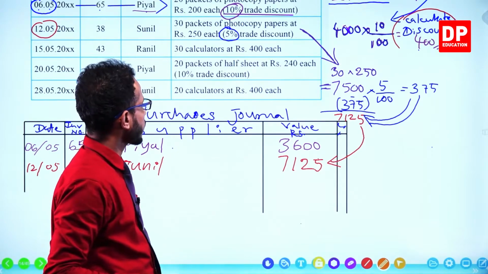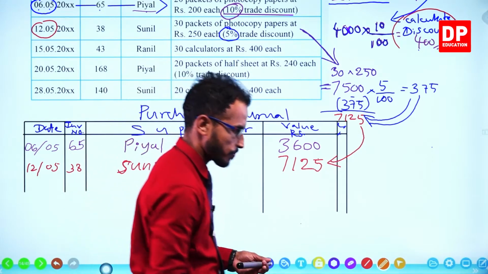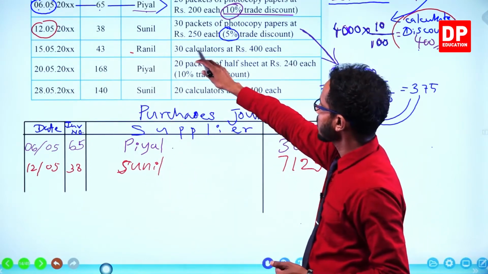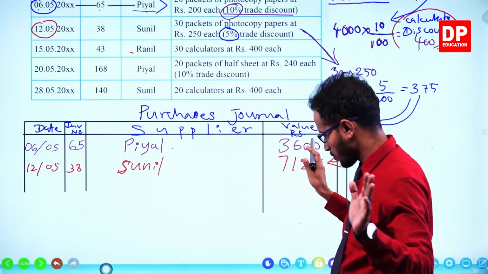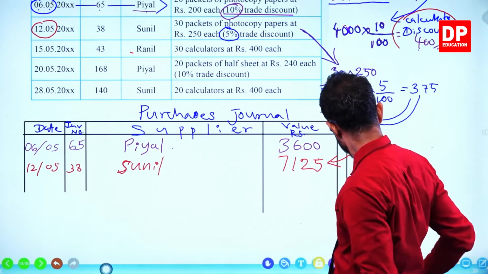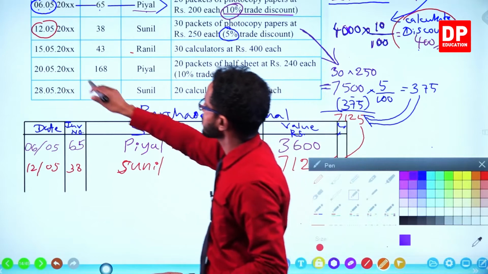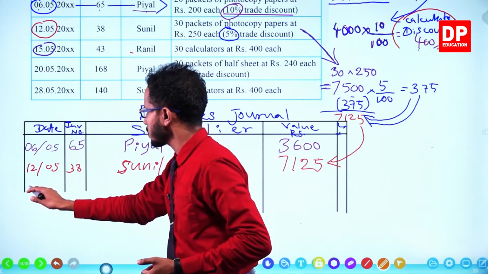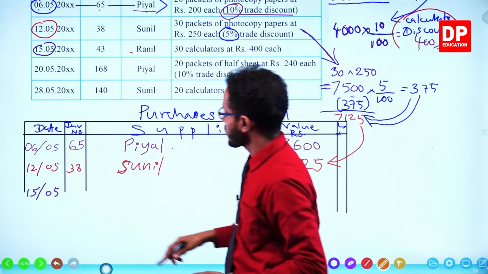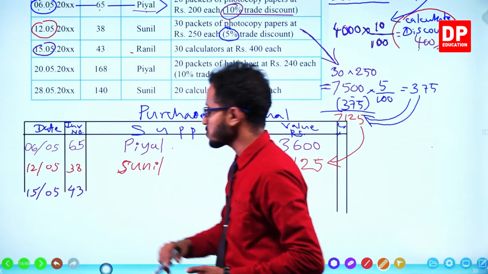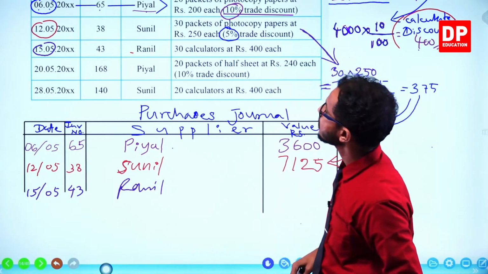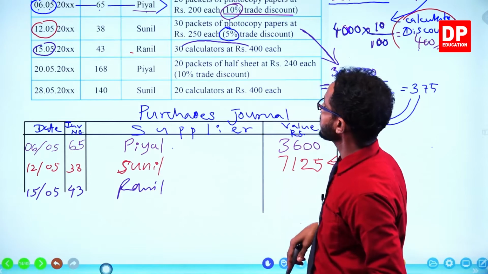Okay. Next one. What is the next one? We have Ranil. 30 calculators at 400 each. No discount, so it's easy. Just put the date. This is Ranil. On 15th of May, Ranil, a very famous person in Sri Lanka, has bought 30 calculators at 400 each.